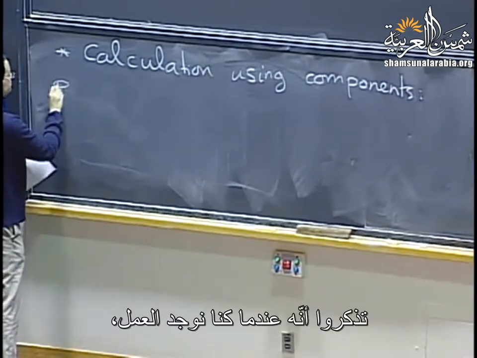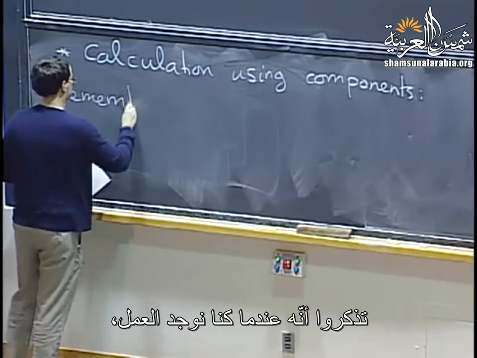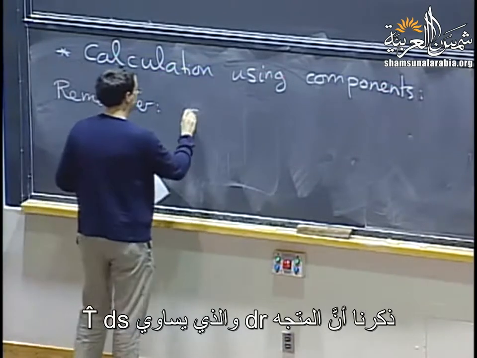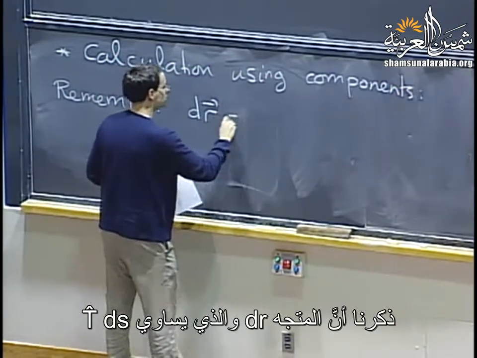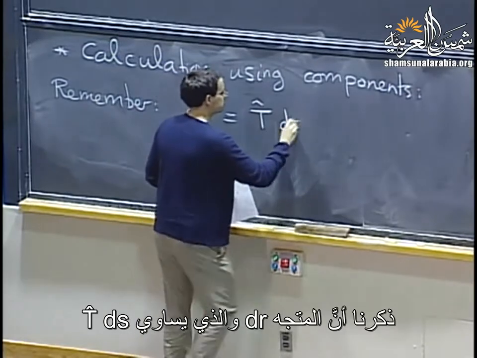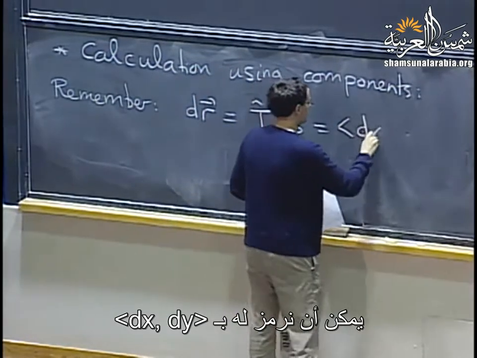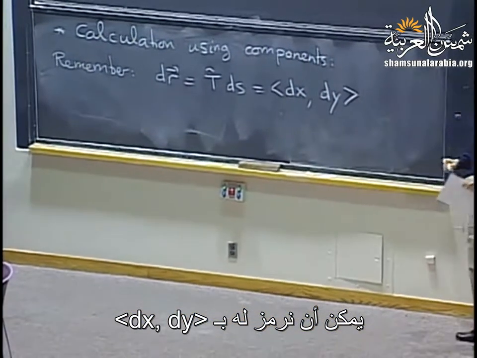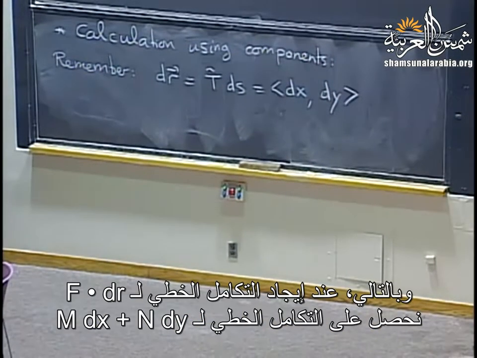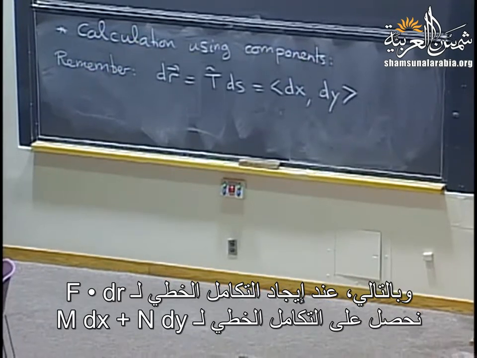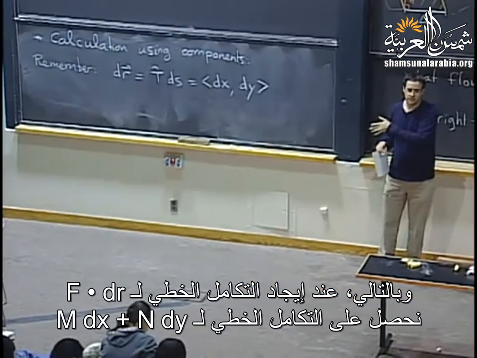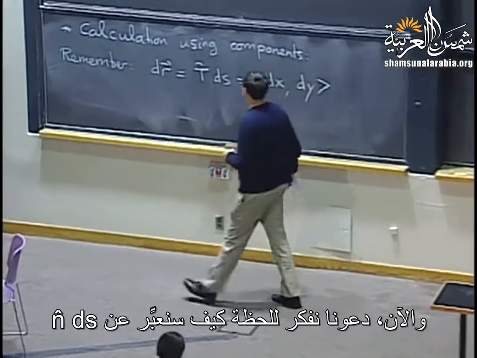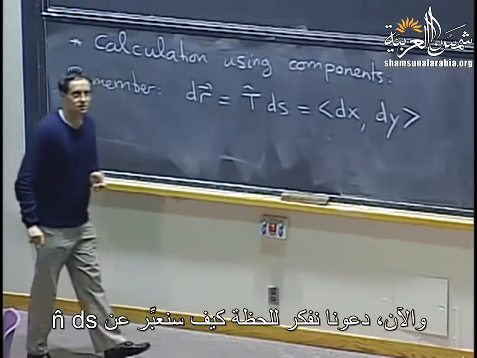So remember, when we were doing things for work, we said this vector dr, or if you prefer T ds, just becomes symbolically dx and dy. So that when you do the line integral of F dot dr, you get the line integral of M dx plus N dy.